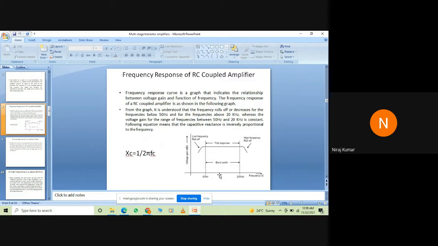Between 50 Hz and 20 kilohertz we can see the bandwidth, and the response is flat.